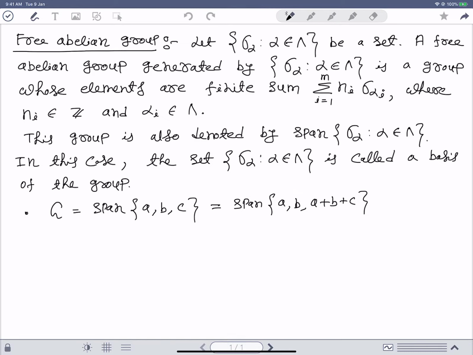Now by the definition of free abelian group, you can see that this group is actually a direct sum object.